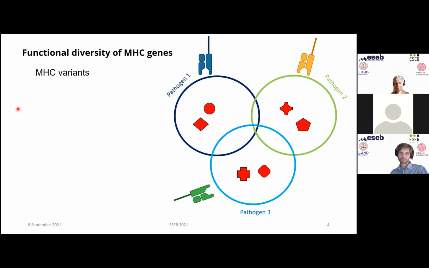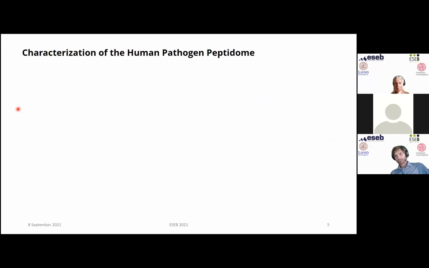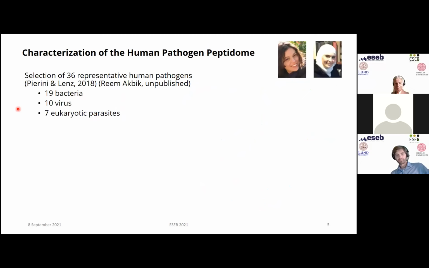So our first aim was to characterize this antigenic diversity of pathogens. To do that, we selected 36 representative human pathogens, most of which were already compiled by Federica and Reem from our lab.